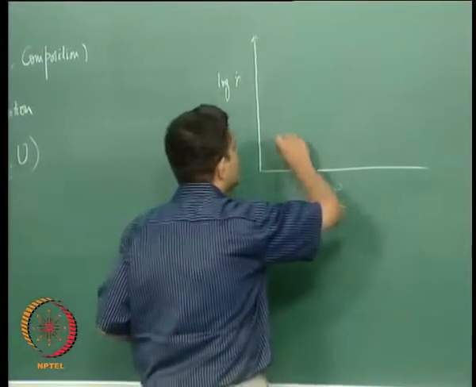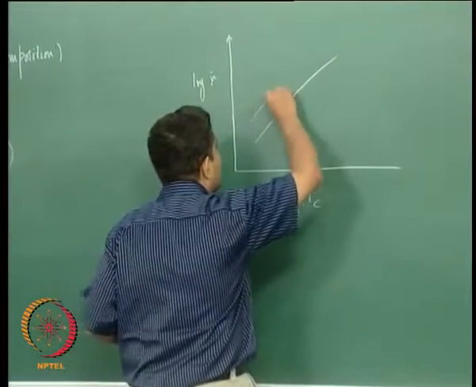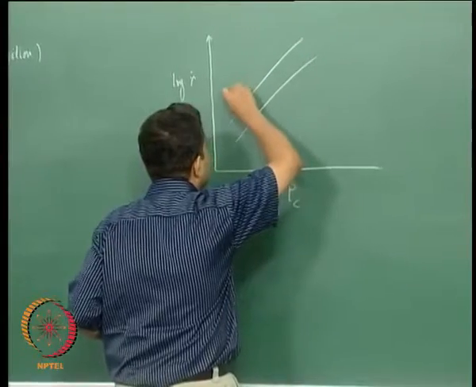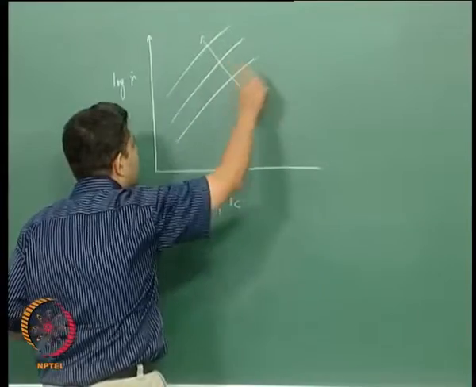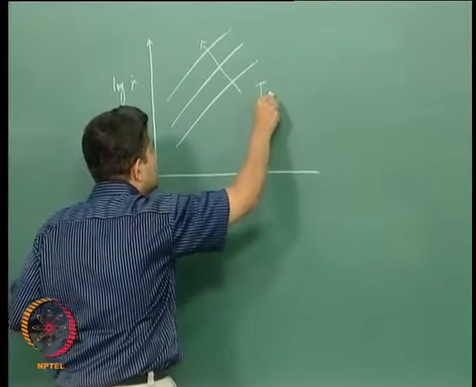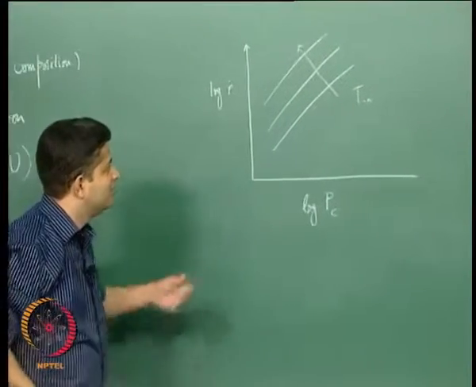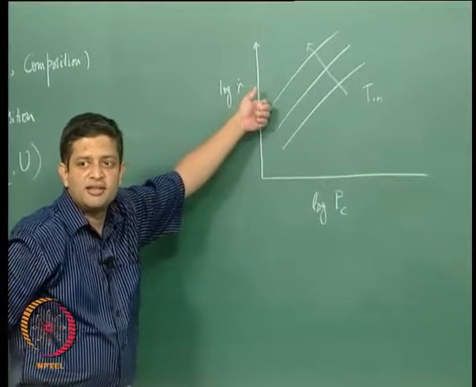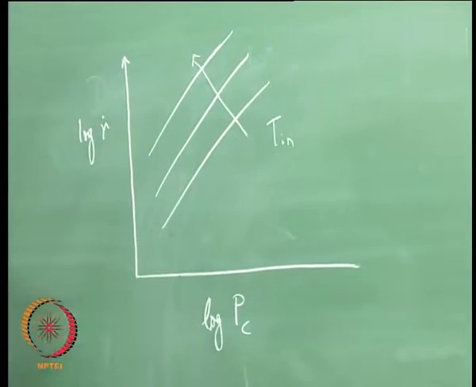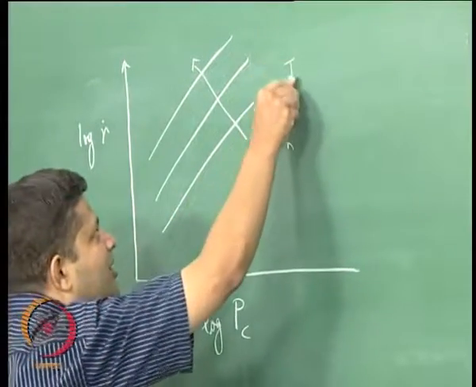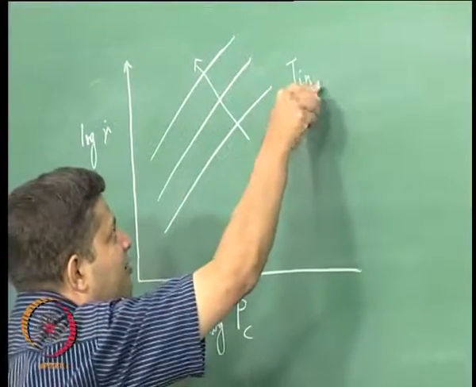And it is seen that with increase in initial temperature, the burn rate varies like this. This is for a given initial temperature, that is Tin1.